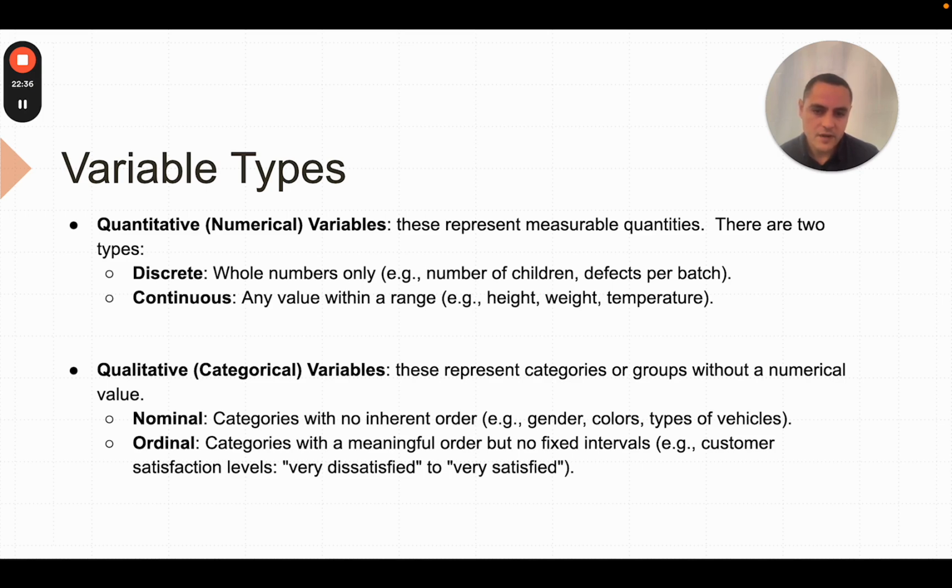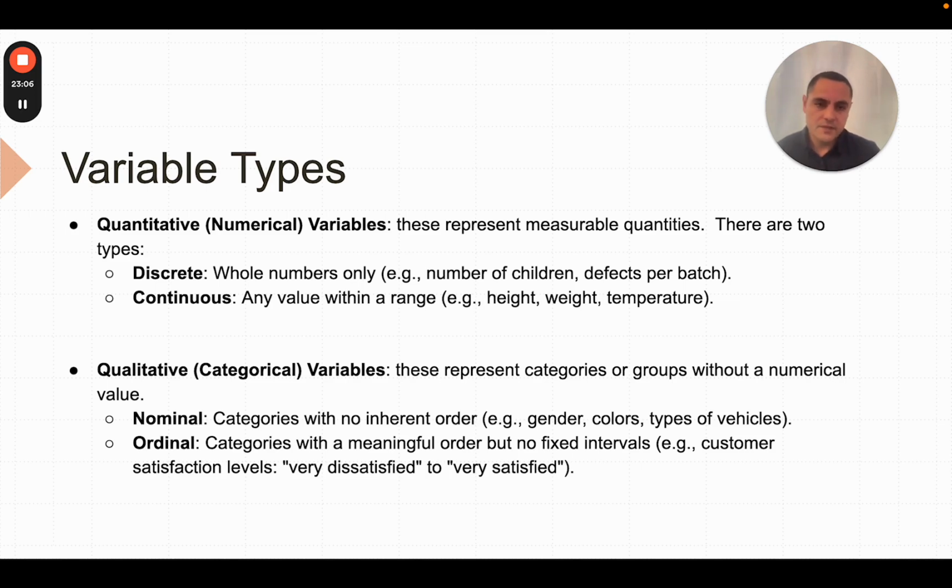Very dissatisfied to very satisfied, there's obviously in-betweens, including neutral, right? But obviously the order would matter, right? I would want to know, for example, if someone's very satisfied with my product or service, that means that they're happy. If they're very dissatisfied, they're not happy about that product or service.